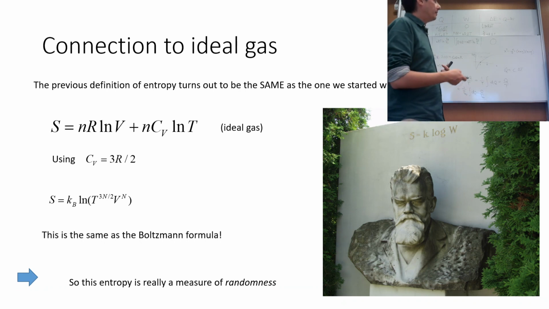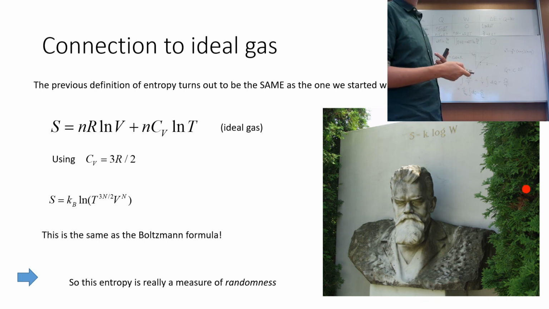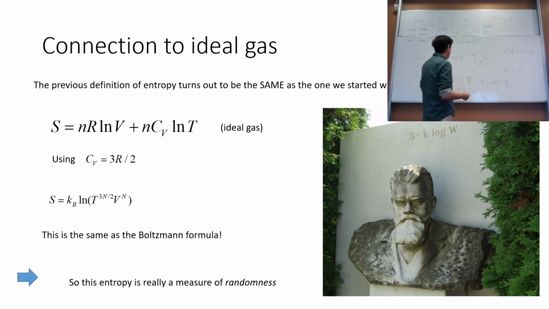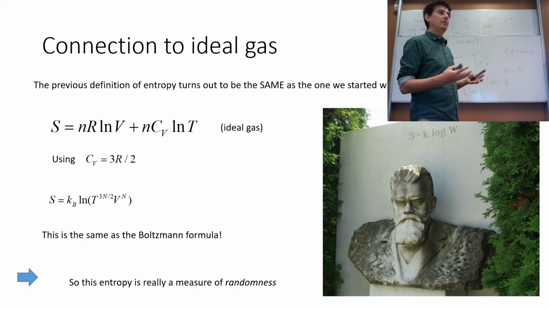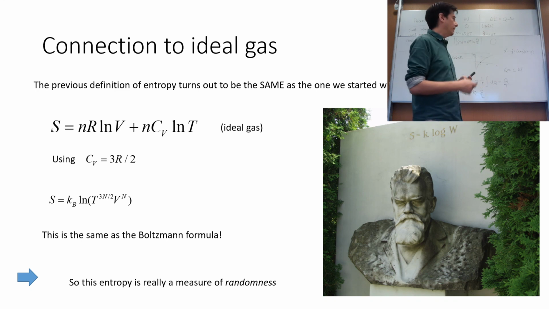And I think this is Boltzmann. It's his grave. He's got this formula for entropy on his grave. And you can work out that this thing, which seems a pretty weird thing to calculate, is actually calculating something like the log of the number of different microscopic configurations of the gas.